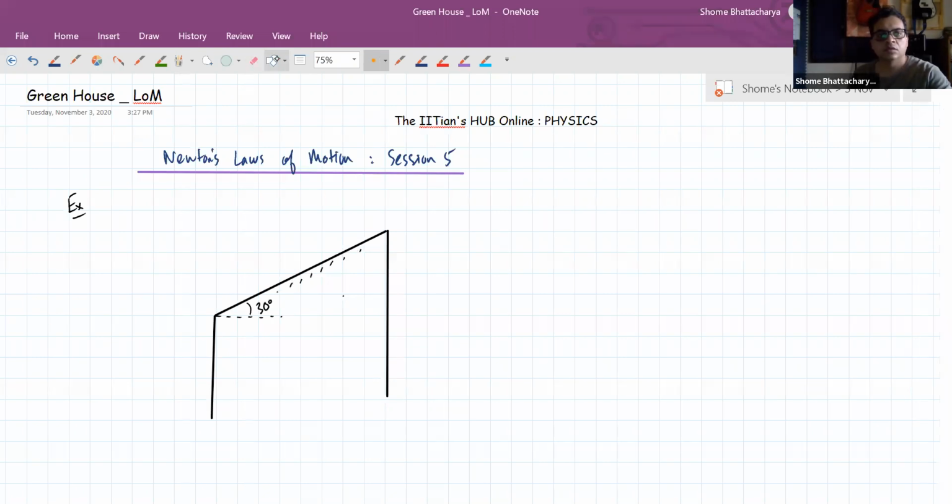Now what we are doing is we are placing two pulleys at the two corners that you see.